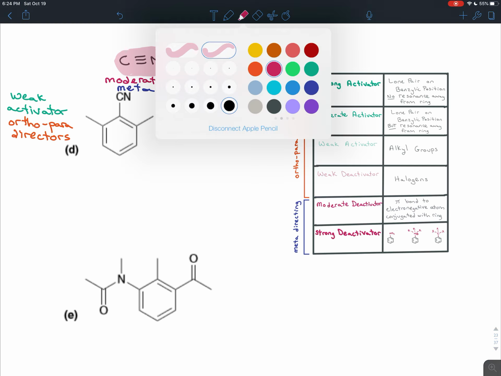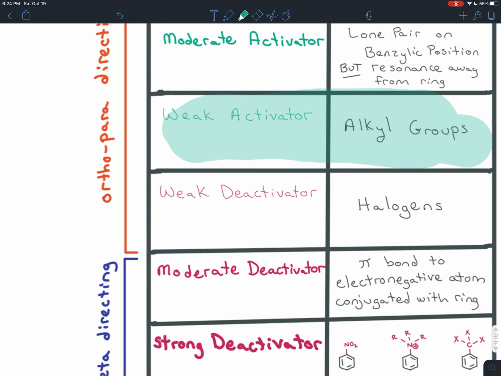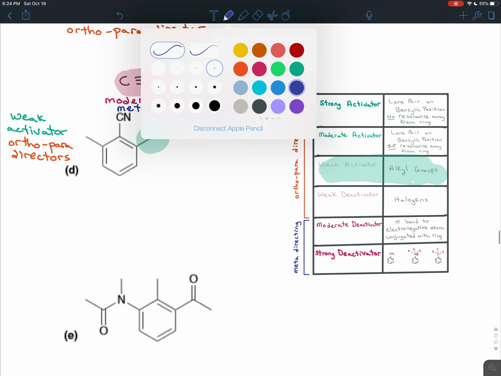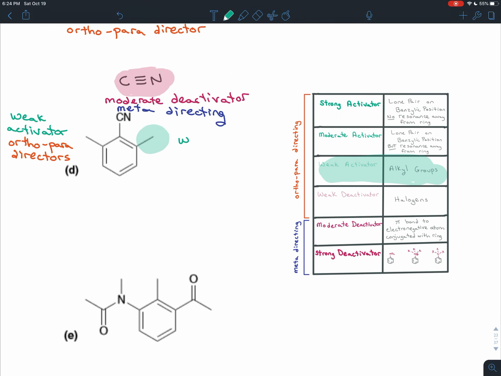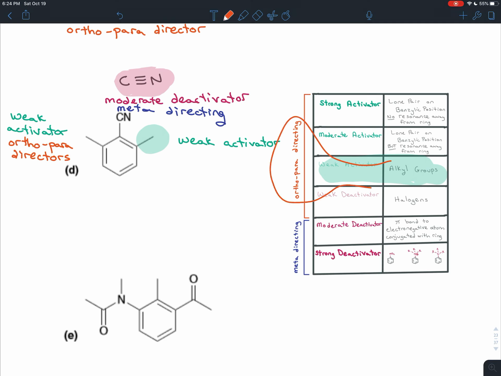And finally, on the right side, we have another alkyl group. We said alkyl groups are weak activators. And so that is a weak activator. And all weak activators, all activators, are ortho-para-directing.